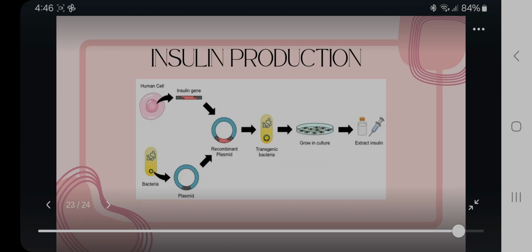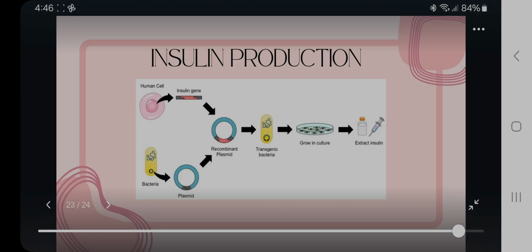So now, the fun part. This is where genetic engineering comes in. So insulin production, we can actually make insulin from bacteria with the use of genetic engineering. So if you look at the diagram, we have normal bacterium cells with a human cell, and there's a plasmid inside of that bacteria. So that's that little circular DNA in the bacteria.